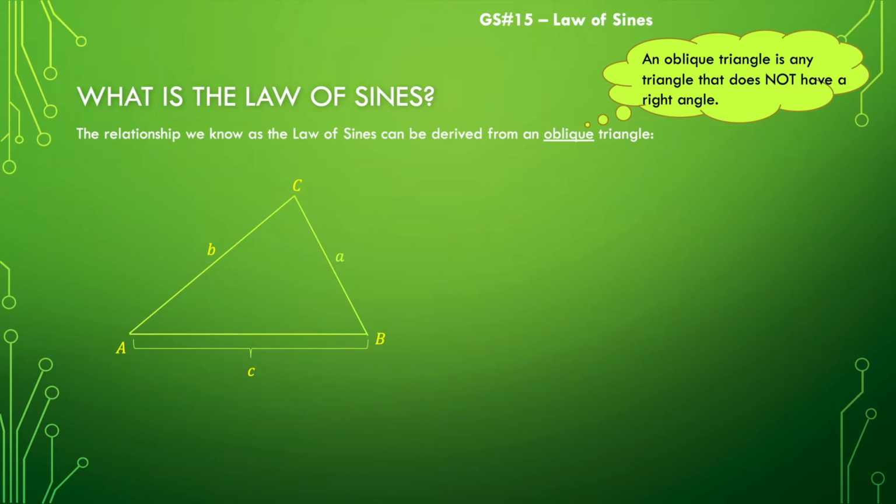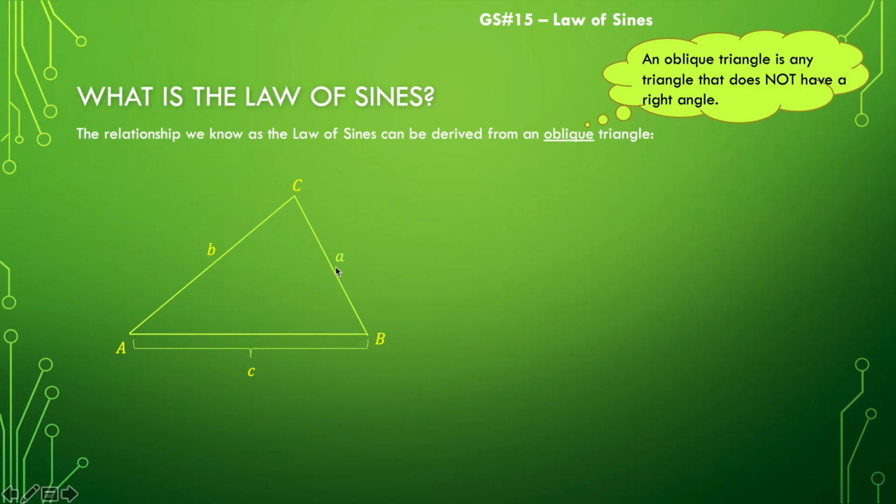So in this oblique triangle, before we do anything else, I want to remind you of a couple of things. Notice that my side lengths are labeled A, B, and C, and my vertices are labeled A, B, and C as well. If you are observant, you will notice that the vertex that is opposite the side length has the same letter.